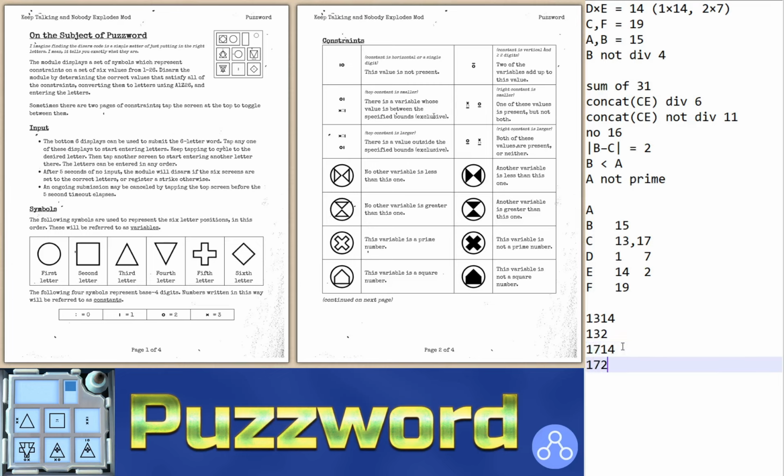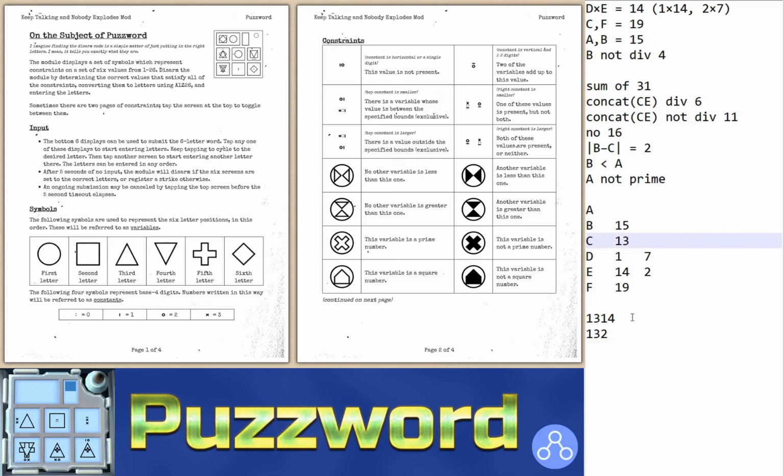Which of these is divisible by 6 but not 11? So 7, 8, 9, right, that's not even divisible by 3. So 4, 5, 6, this one is divisible by 3, this one is divisible by 3, 6, 8, this one is not. Right, the sum of these digits is 10. Okay, so that would mean that Charlie could not be 17.